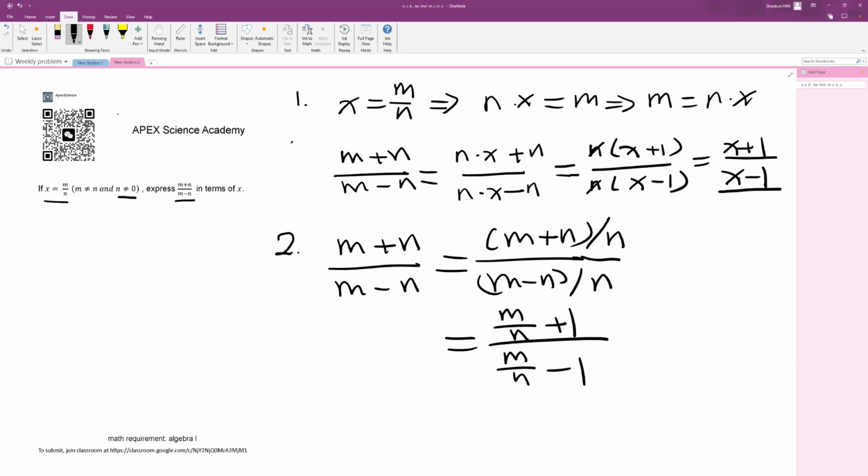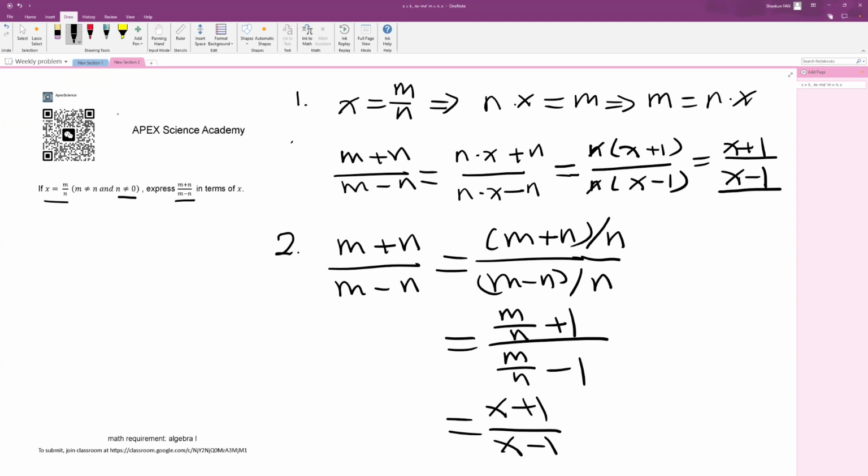Now you probably recognize that this is x and this is also x, so we will have x plus 1 over x minus 1, which is exactly the same as I got from the first method. This second method requires you to recognize that in order to get x, which is m over n, I just need to divide the expression by n for both the numerator and the denominator.